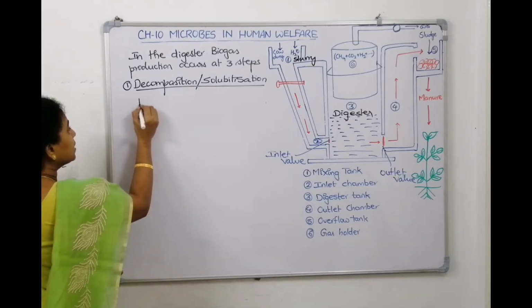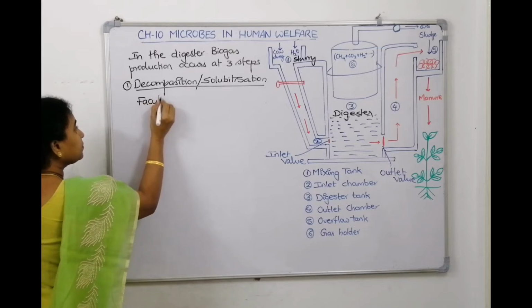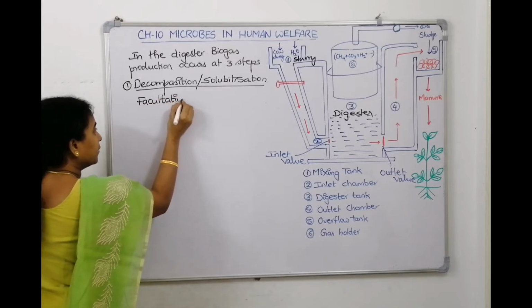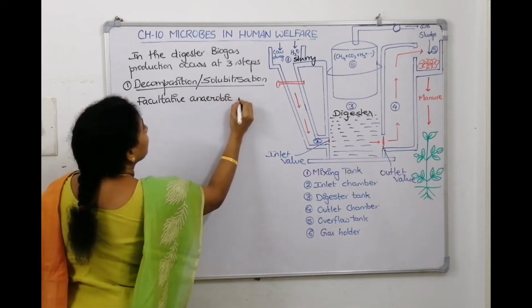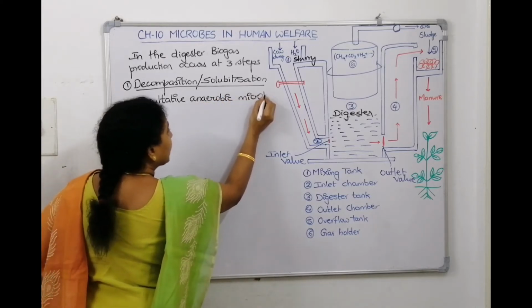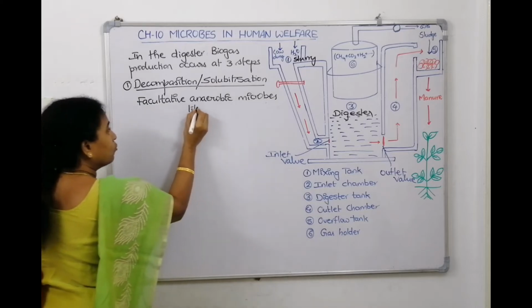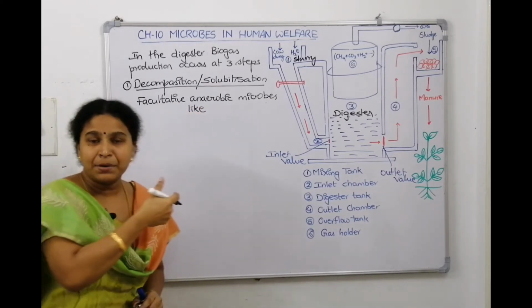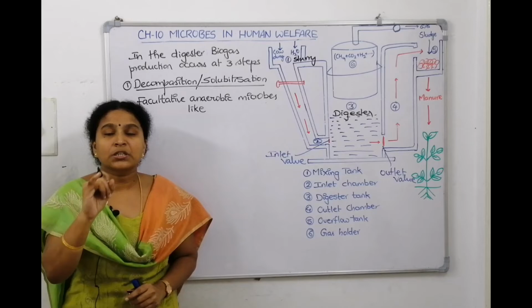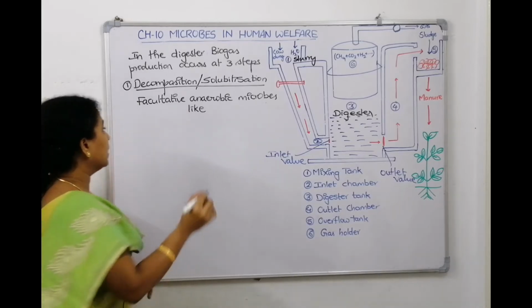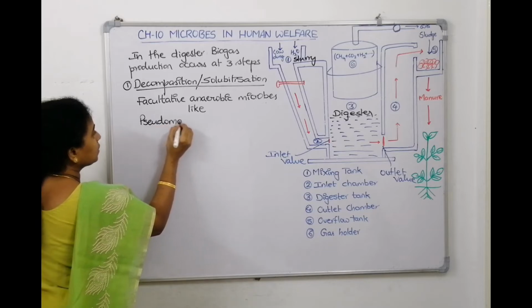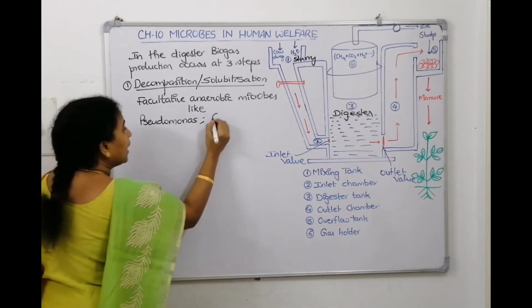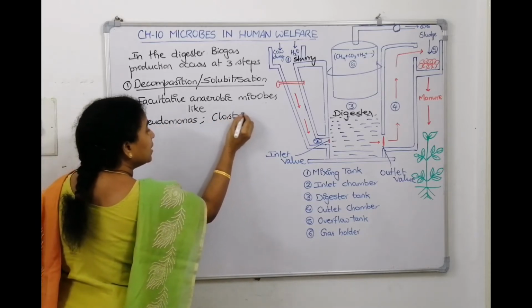What are the microorganisms? I told they are facultative anaerobic microbes. For examples in this category, we can take Pseudomonas, which is one bacteria, and the other one is Clostridium.